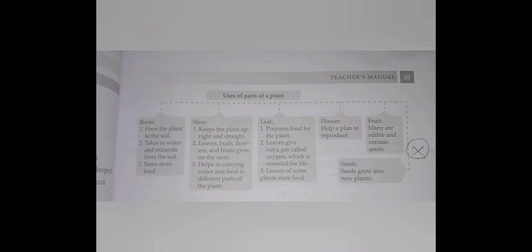Stem keeps the plant upright and straight. Leaves, buds, flowers and fruits grow on the stem. It helps in carrying water and food to the different parts of the plant. Leaves prepare food for the plants. Leaves give out a gas called oxygen, which is essential for life.